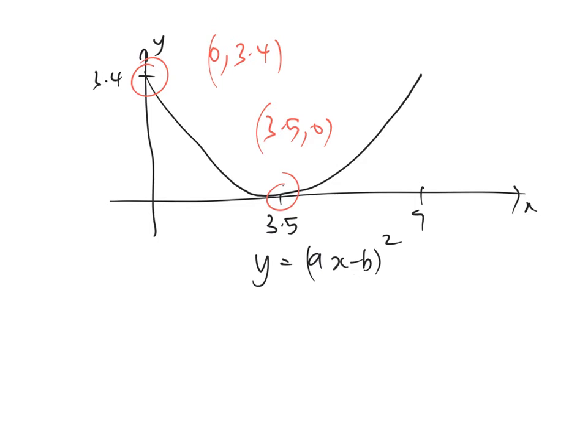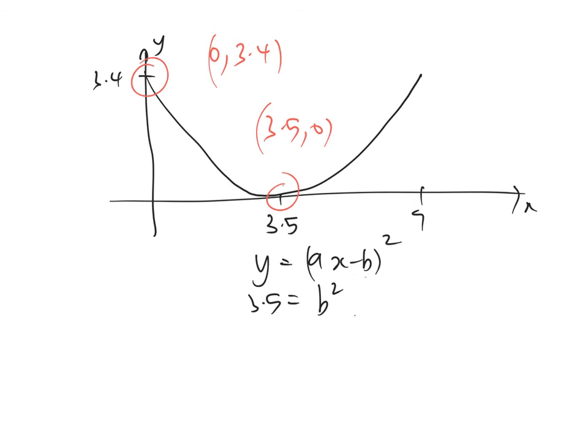To solve the rest of the equation, y equals (ax minus b) all squared, and to find values for a and b, we choose two coordinates on the line, and convenient ones are ones that include 0 somewhere. So I've circled both of those, 0 and 3.4, and 3.5 and 0.